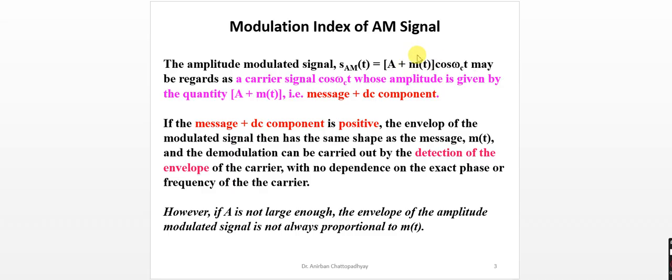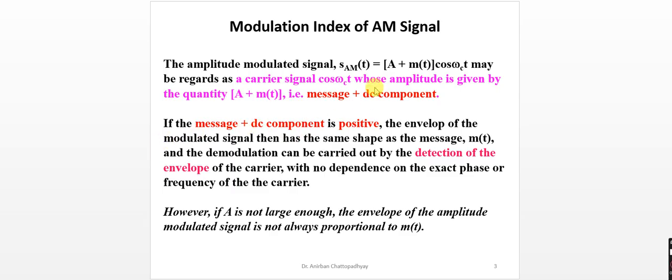Here A plus m(t) is known as the envelope of the modulated signal. That may be regarded as the carrier signal cos omega c t whose amplitude is given by A plus m(t), that means the DC signal.